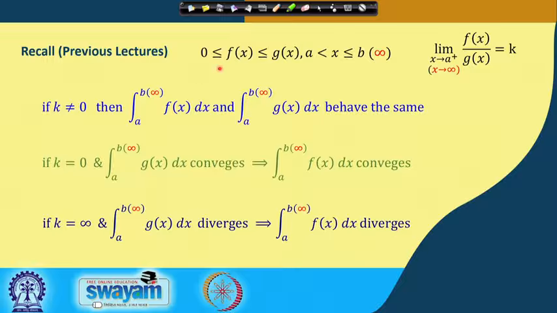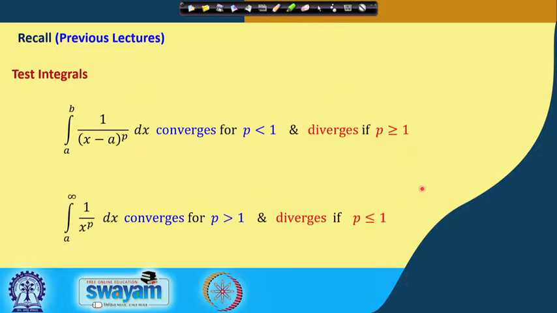So, based on these results on convergence, we will prove the convergence of two special functions, which are the beta and gamma functions. First I will define what those functions are. Before that we also need the test integrals again from the previous lecture. This first one was used when we were talking about type 2 integrals: the integral converges for p less than 1 and diverges when p is greater than or equal to 1.